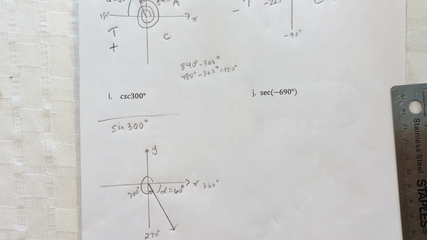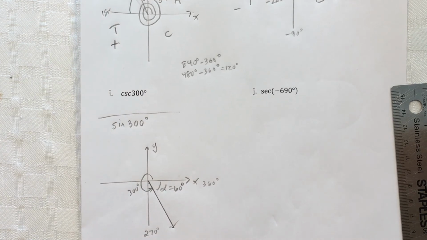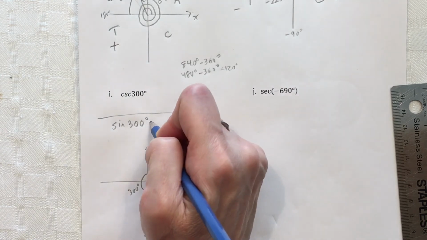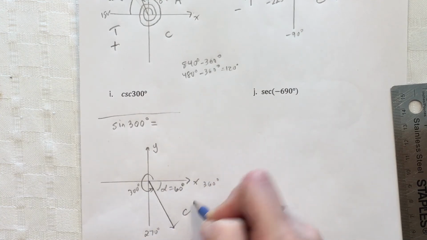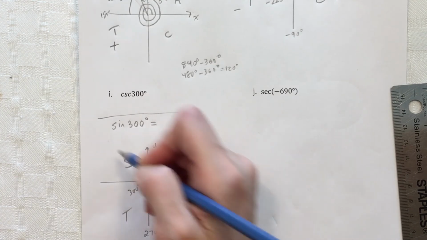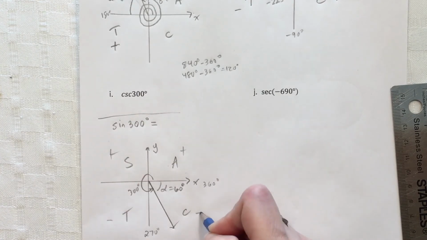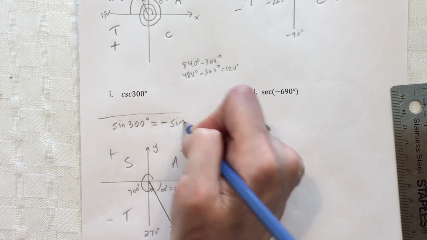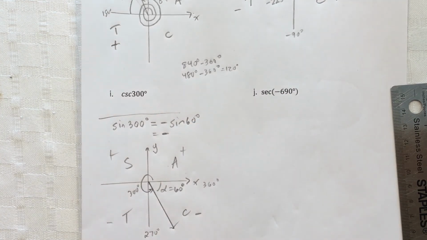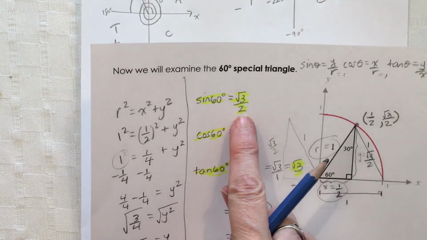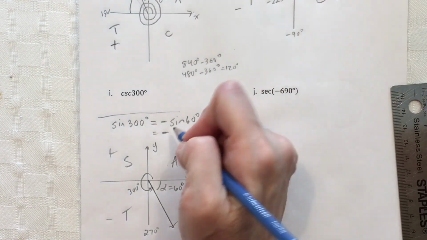Remember, alpha is always between the x-axis and the terminal arm, not the y. According to the CAST rule, sine is positive up here and negative down here. So it's going to be negative sine of 60 degrees, and the sine of 60 is root 3 over 2. So it's going to be negative root 3 over 2.